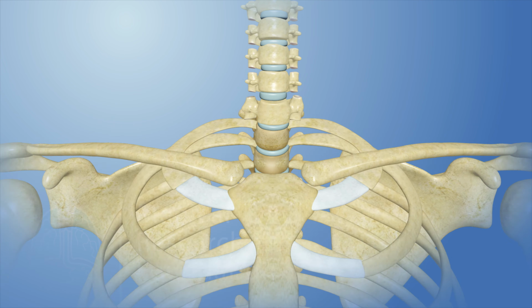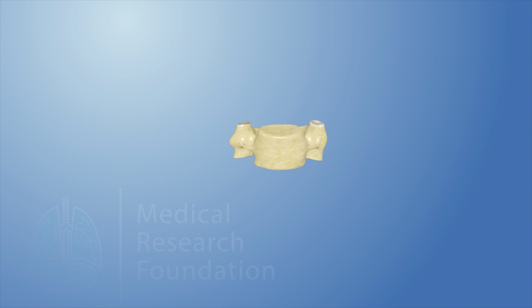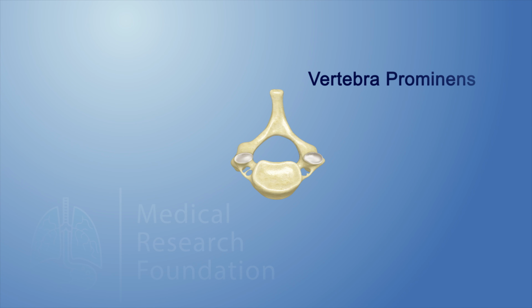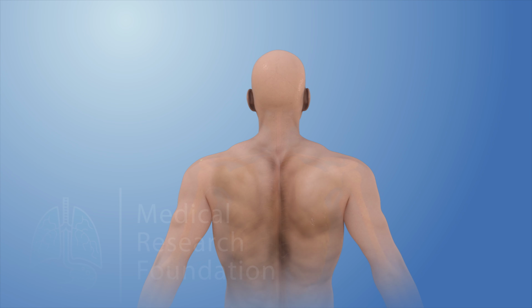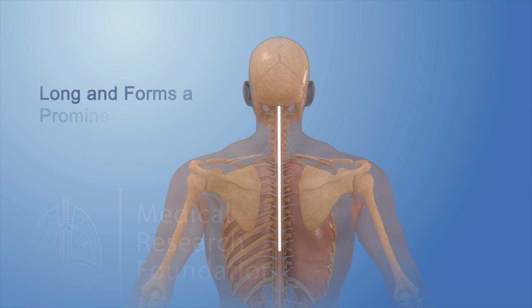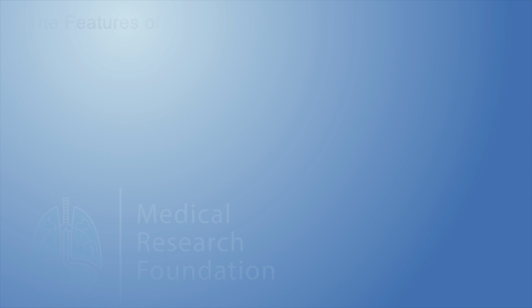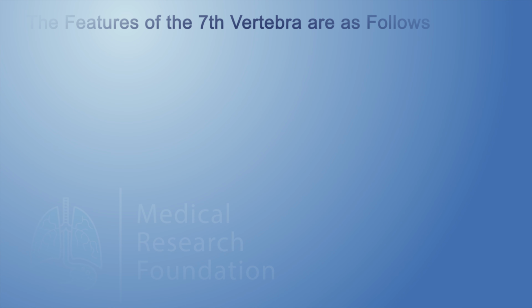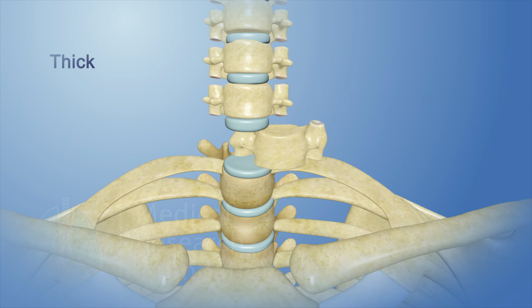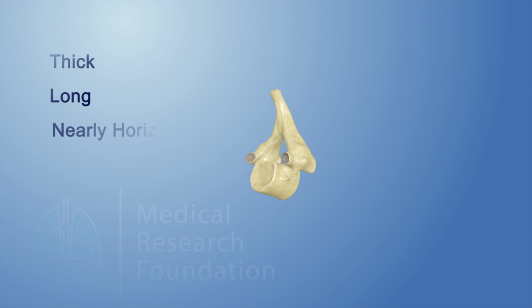Seventh cervical vertebra. The seventh cervical vertebra is called vertebra prominens because its spine is very long and forms a prominent palpable projection in the lower part of the nuchal furrow. The features of the seventh vertebra are as follows. Its spine is thick, long, and nearly horizontal.